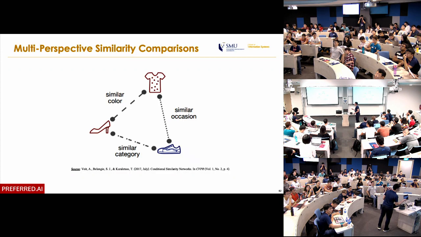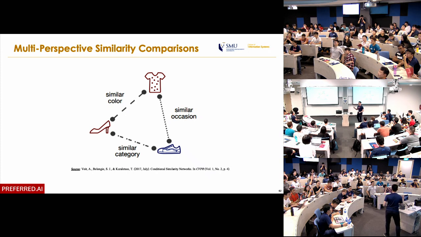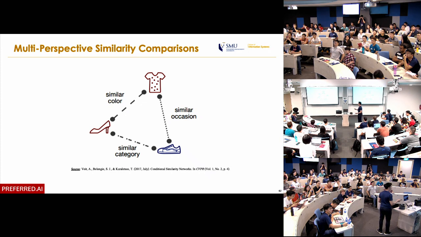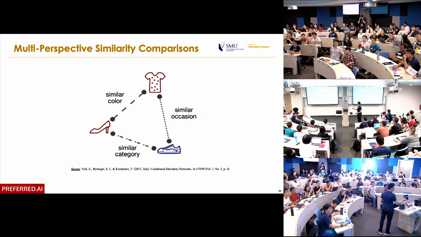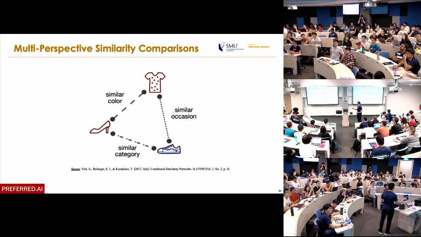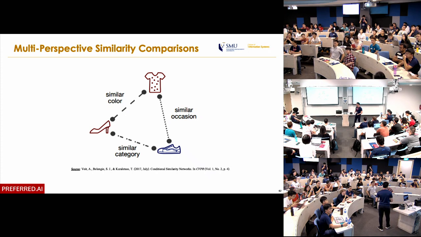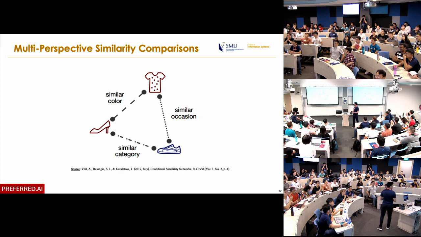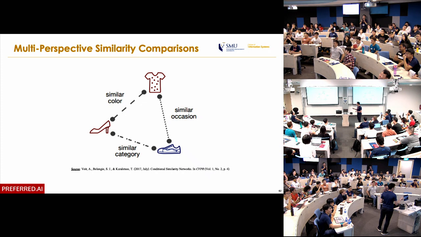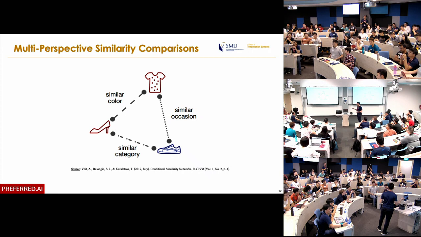If you look at these pictures, can you tell which two items are more similar? Are the T-shirt and the high heel more similar? Or the high heel and the sports shoe? My point here is that if you base it on different attributes or aspects of the item, you have different similarity comparisons.